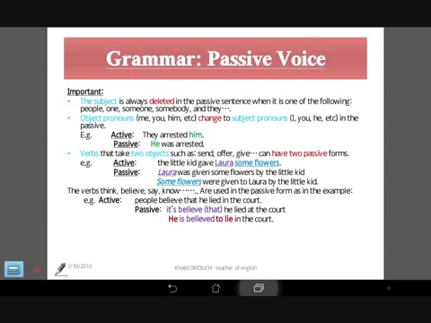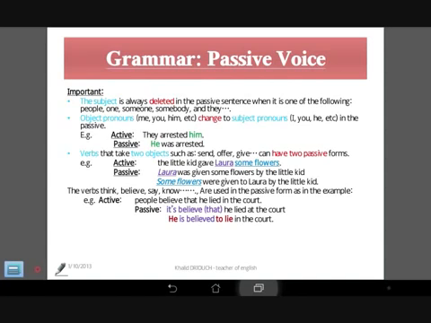The third important point is that some verbs in English take two objects, such as send, offer, give, and these verbs are going to have two passive forms. Example: the little kid gave Laura some flowers.